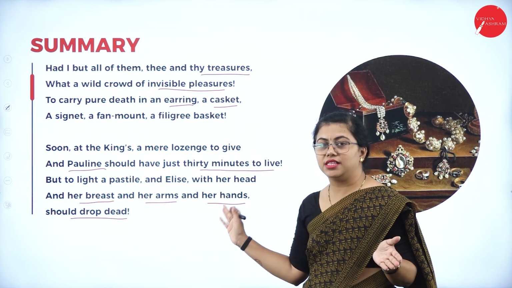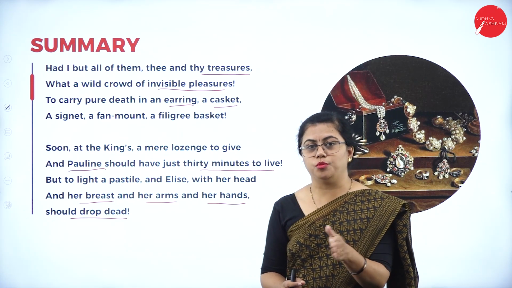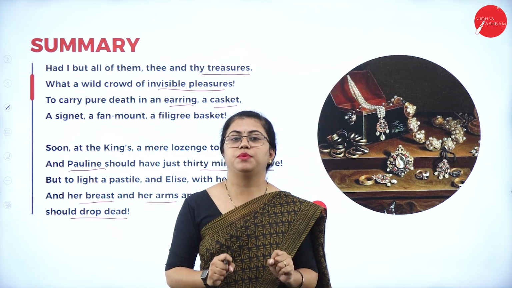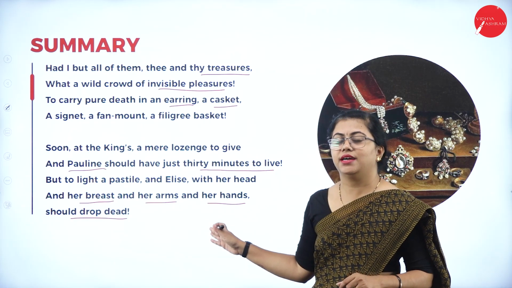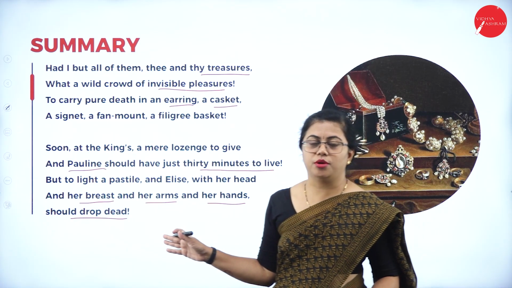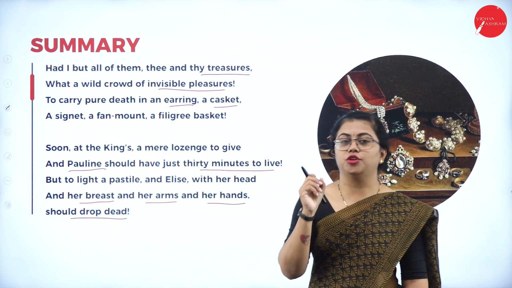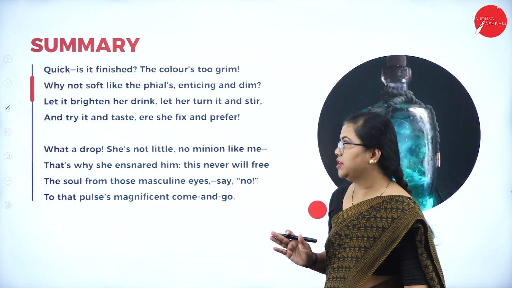So this can be compared to that. She is talking about somebody whom she desperately wants to kill. So this shows her hatred, to what extent she is carrying the hatred. Each and every organ should die means she wants her to die at any cost. That is what she is trying to express over here.